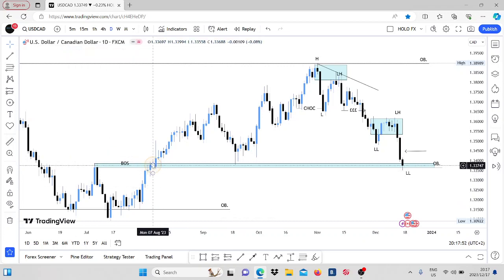In this circle, this doji candle, we would consider it as an order block, and also these last down candles, 1 2 3 4, these ones are an order block, right? That's why I said OB here.